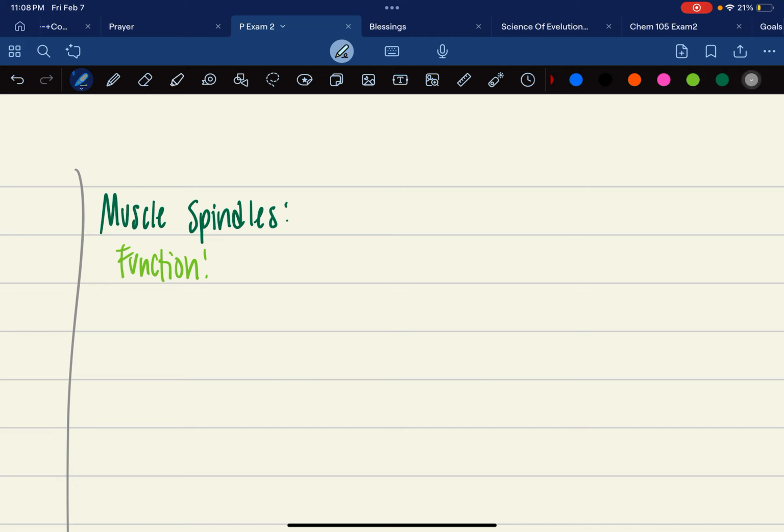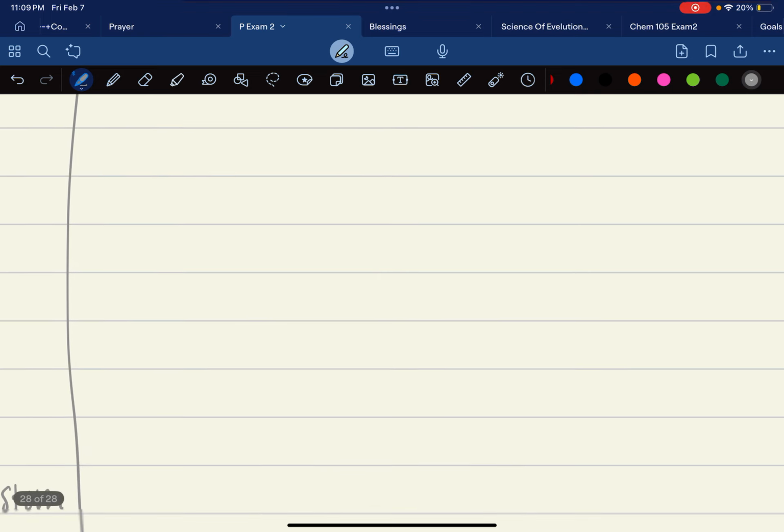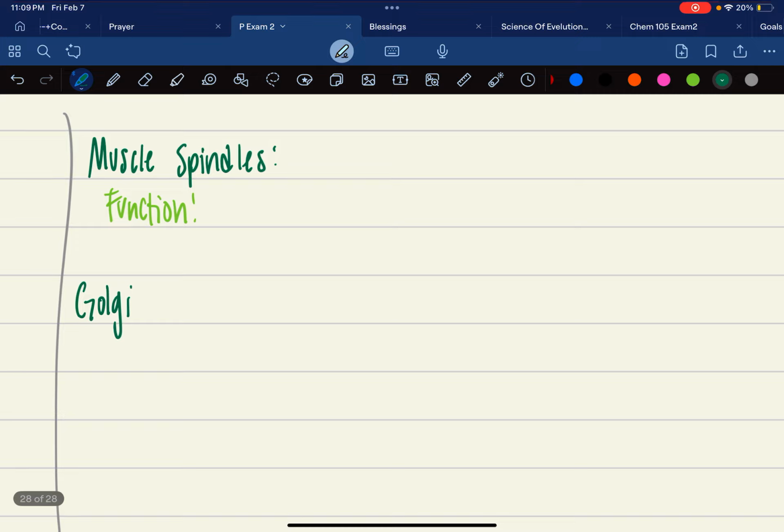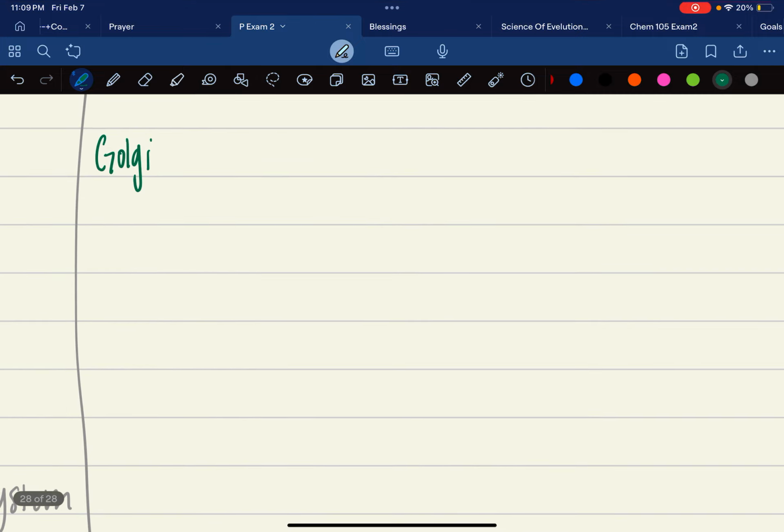It detects changes in the muscle length, and so it triggers the stretch reflex to resist changes in the muscle length. And so then we have the tendon organs.